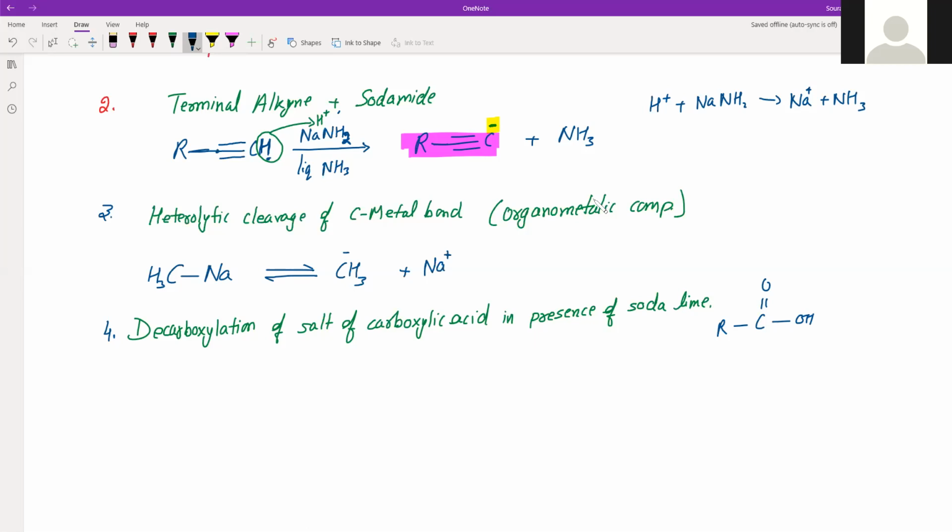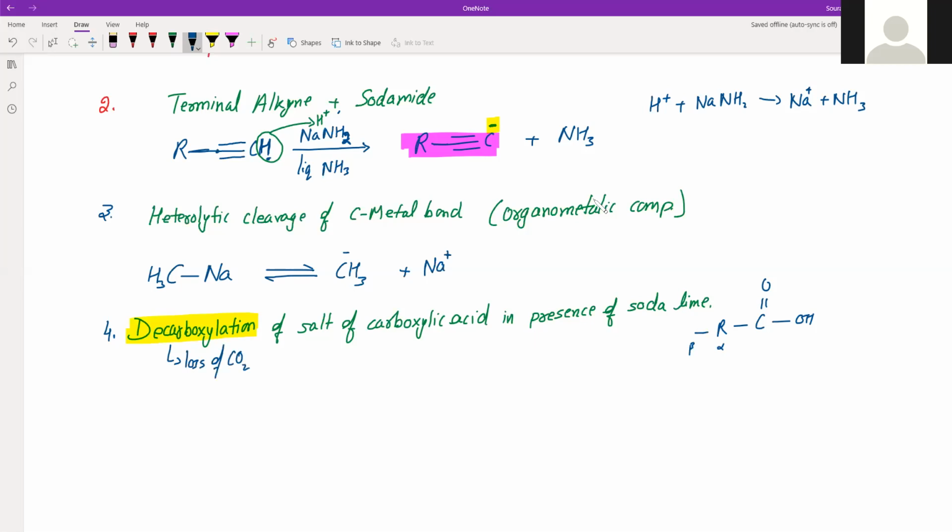right? And when an electron withdrawing group is attached to the beta position of carboxylic acid, beta position is, suppose this is COH, so this is the alpha position, and then next will be the beta position, right? So if there is an electron withdrawing group attached in that position, then the loss of CO2, decarboxylation is nothing but loss of CO2.